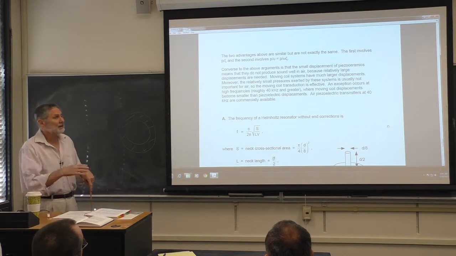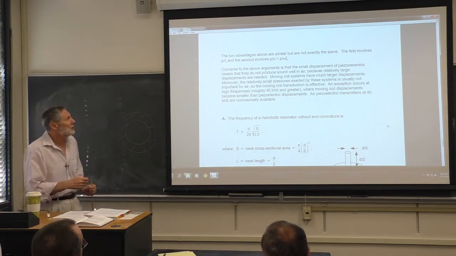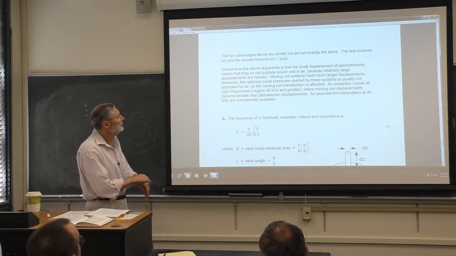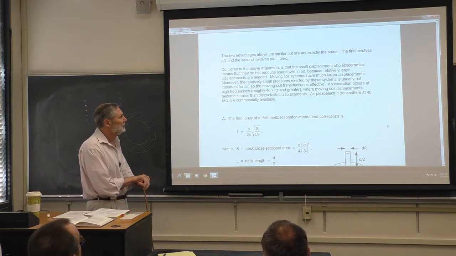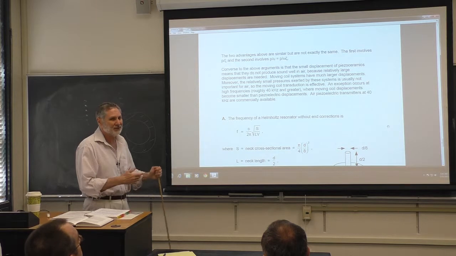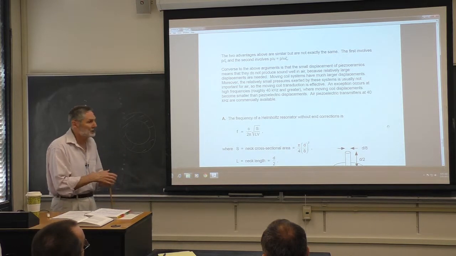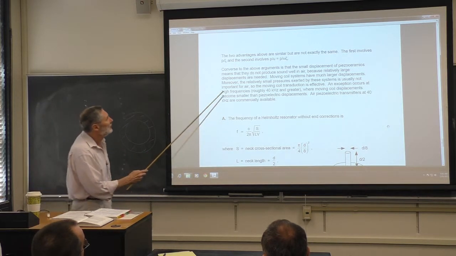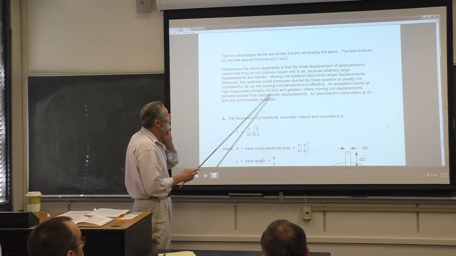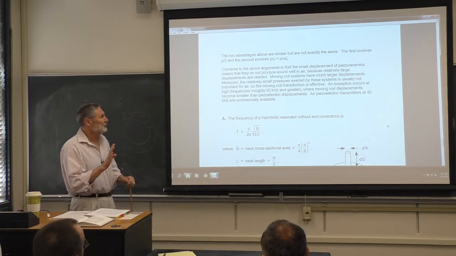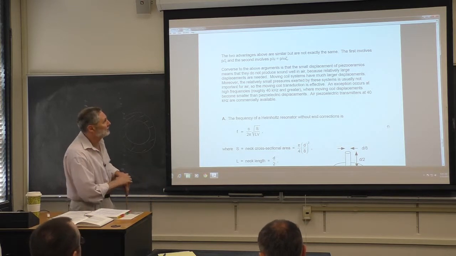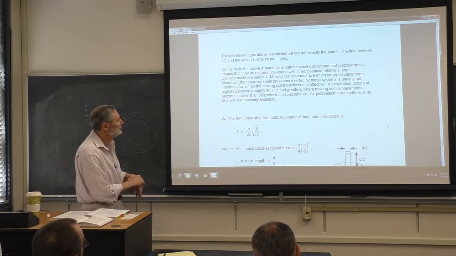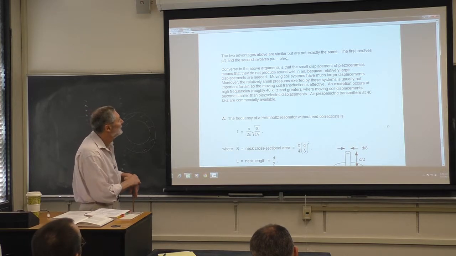Now you can look at the converse of this. It's basically just the converse. Why we use piezos for water and loudspeakers for air. In air, compared to water, you need bigger displacements, and moving coil systems can give you that, right?